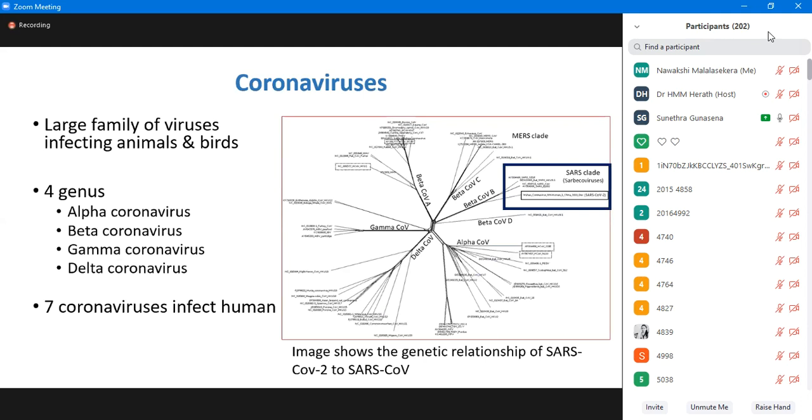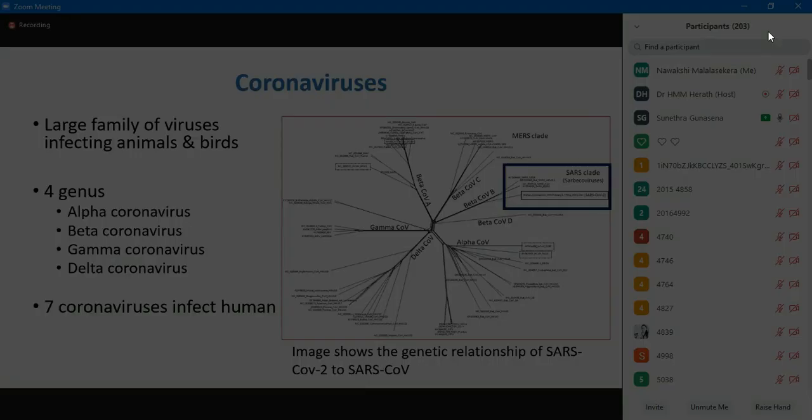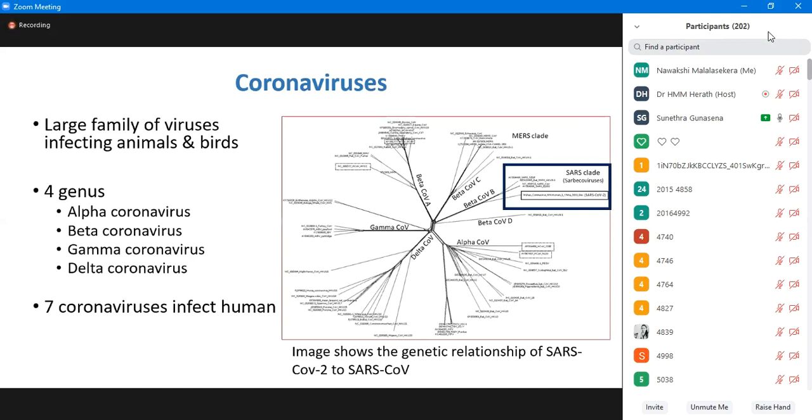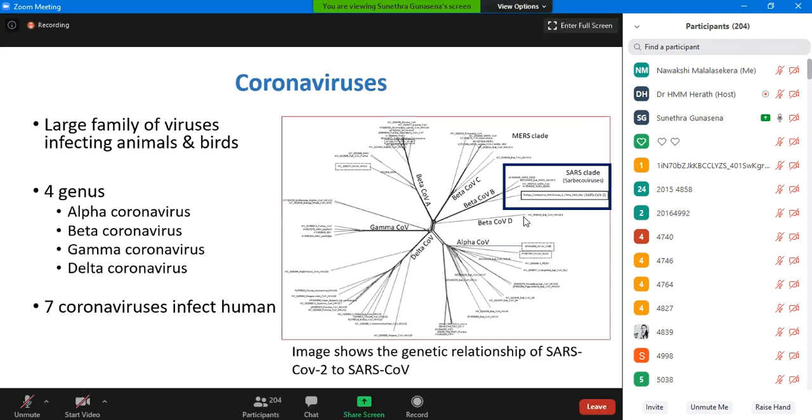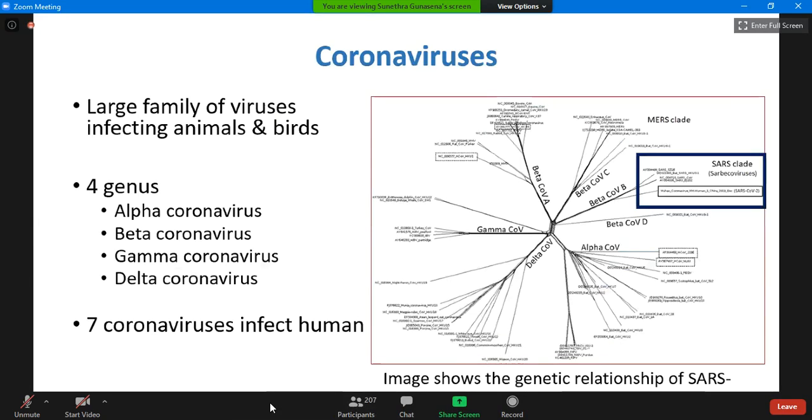Coronaviruses are a large family of viruses infecting animals and birds. They belong to 4 genera: alpha coronavirus, beta coronavirus, gamma coronavirus, and delta coronavirus. Of these viruses, 7 coronaviruses infect humans.